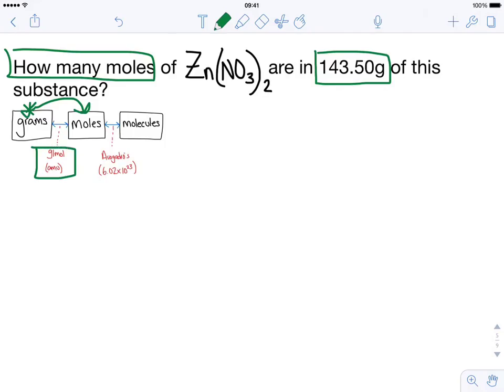Now, moles of what? Moles of Zn(NO3)2. So, if we know to convert from grams to moles, we need to find the molar mass, which in order to find, we need the atomic mass. That means the first step is going to be to find the atomic mass of this compound right up here.